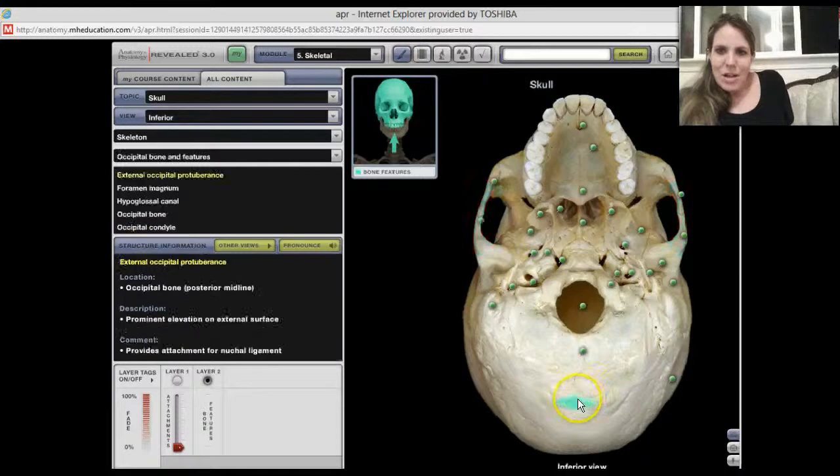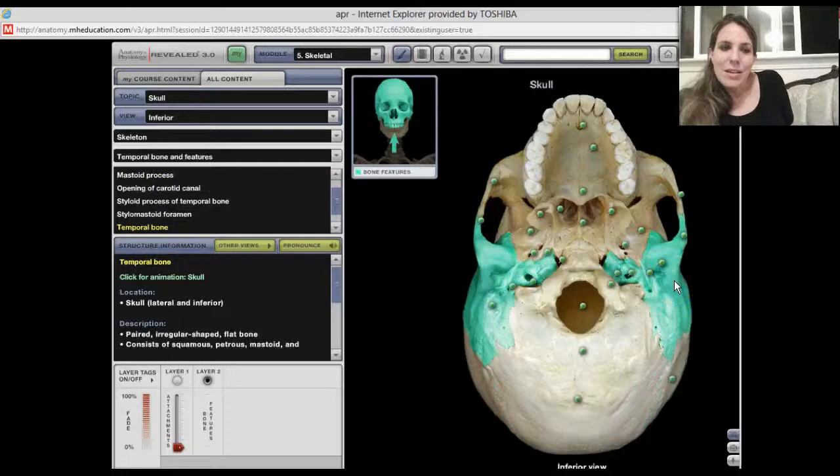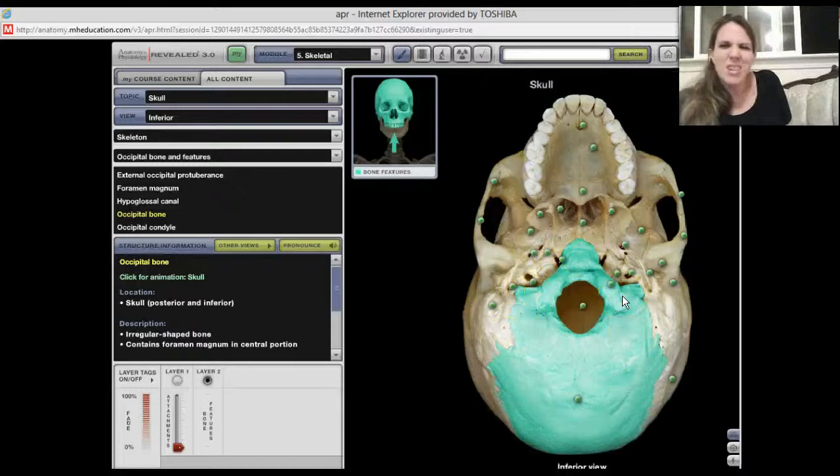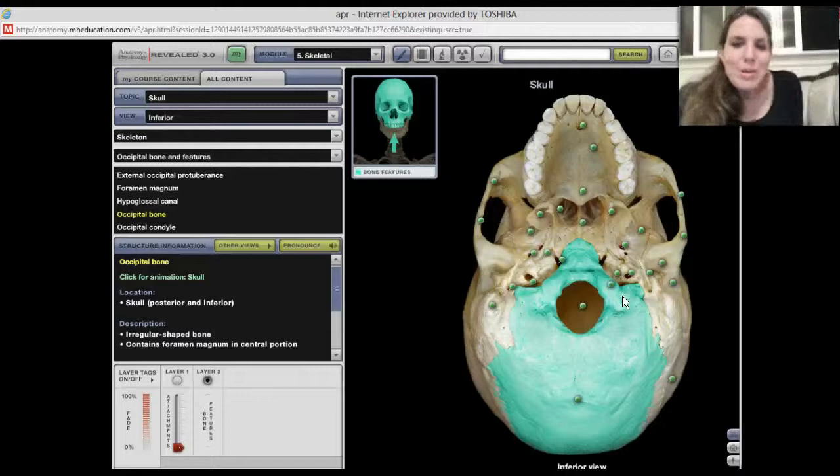Okay, and obviously there's your little external occipital protuberance right there. And there's a little bit of the parietal bones you can see. And there's the mastoid part of the temporal bone. So you can actually see a lot of the temporal bone from the inferior view. And here's your whole occipital bone. So it goes all the way up to here. Pretty cool, huh? It's like solving a jigsaw puzzle, right? You're like, yeah, great.